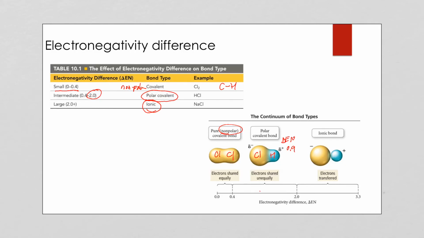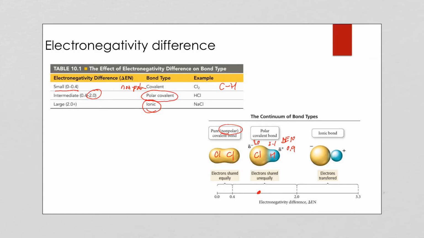It falls on this continuum. You're going to get a nice polar bond where the chlorine, with an electronegativity of 3.0, is going to be more strongly attracted, and the hydrogen with a 2.1 is not going to pull as strongly, so it's going to be the positive side of the bond.